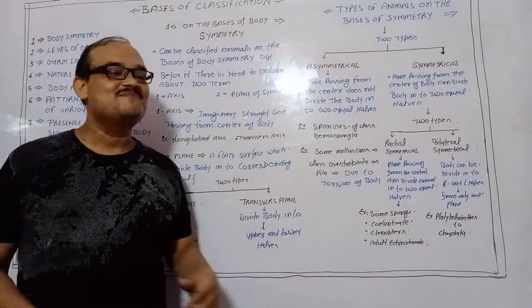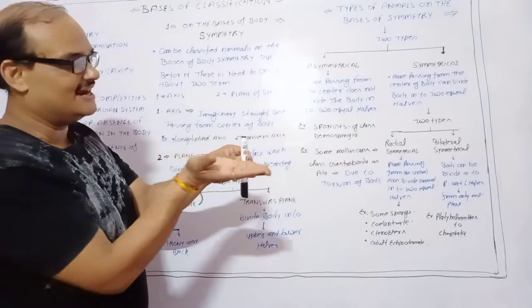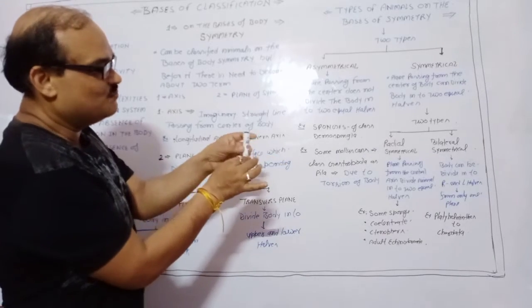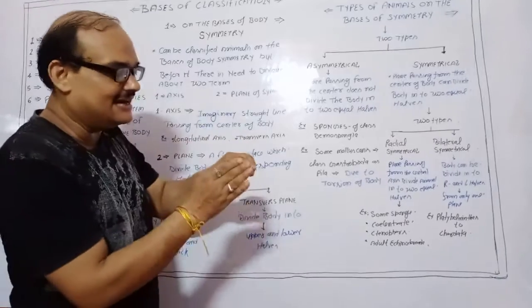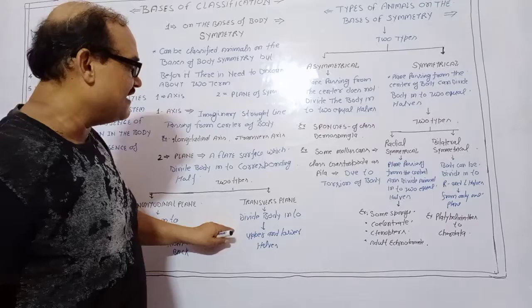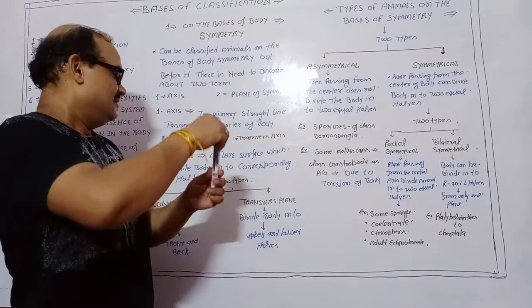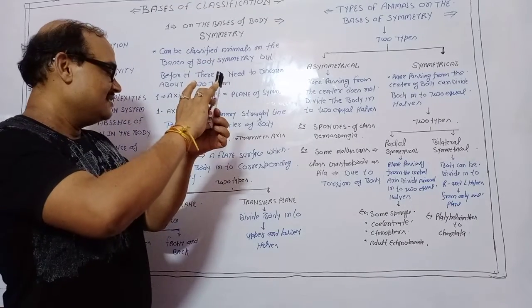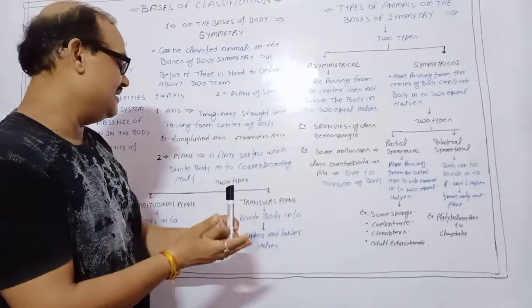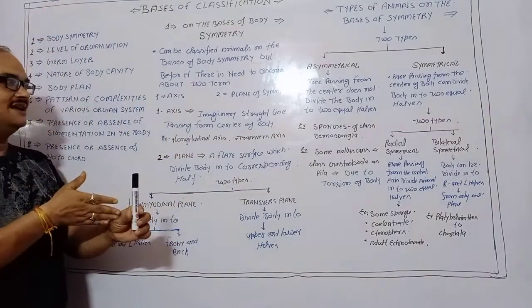But the transverse plane, suppose we cut along this imaginary line, divides the animal into two parts, and we get this half and this half. This is the transverse plane, which divides the body into an upper part and a lower part. So this is the transverse plane and this is the longitudinal plane.